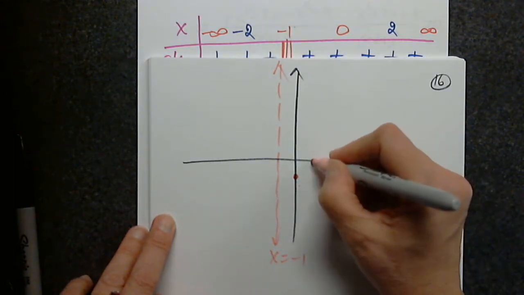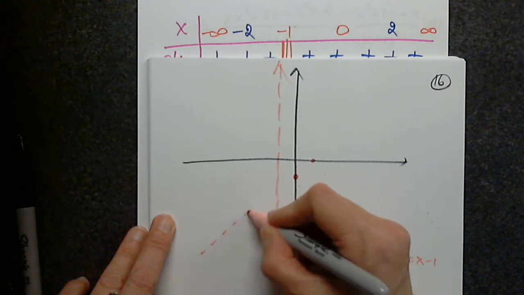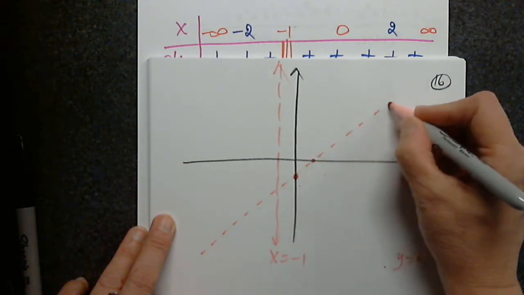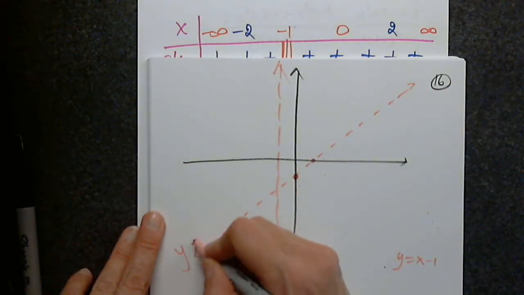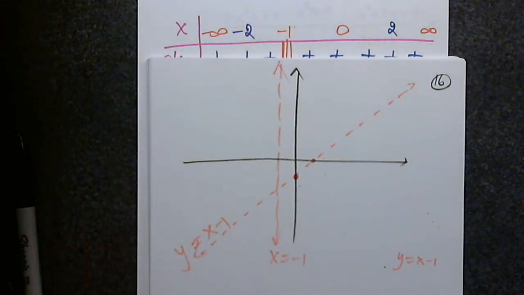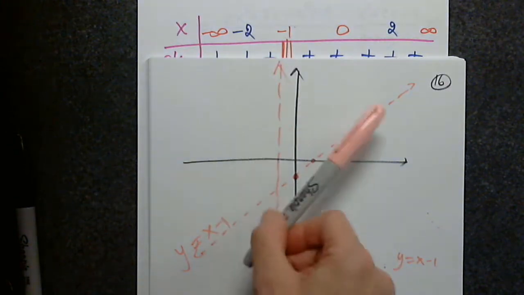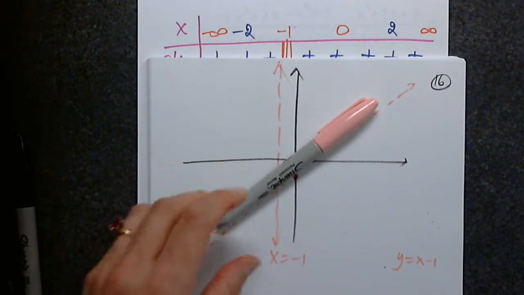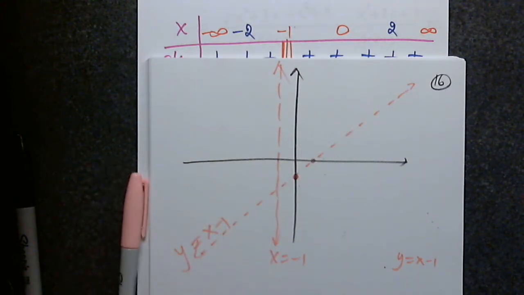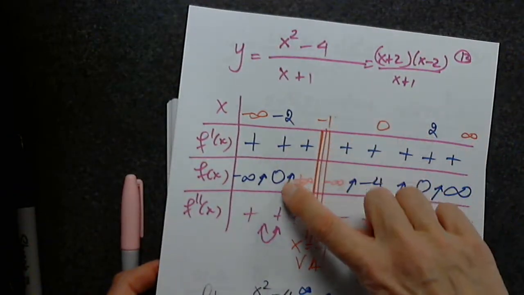Very good, 1. Y equals x minus 1 is the slant asymptote. So this is what I have to do first. Graph both asymptotes. One is a vertical, x equals -1, and the other one is a slant, which is x minus 1.